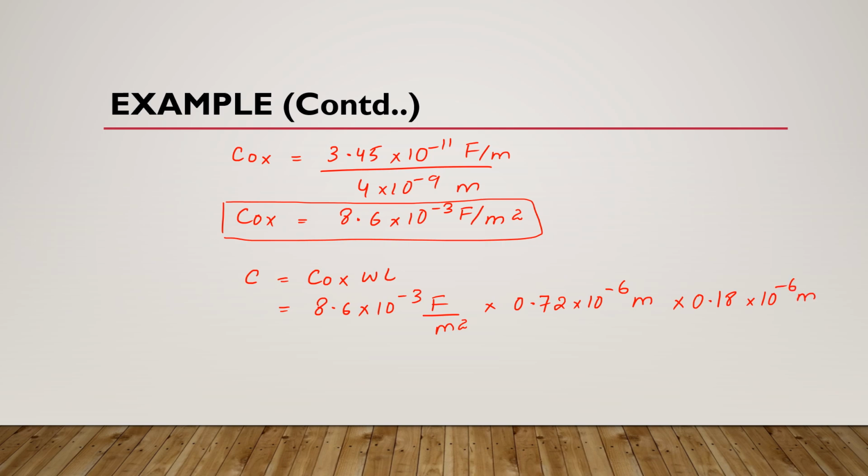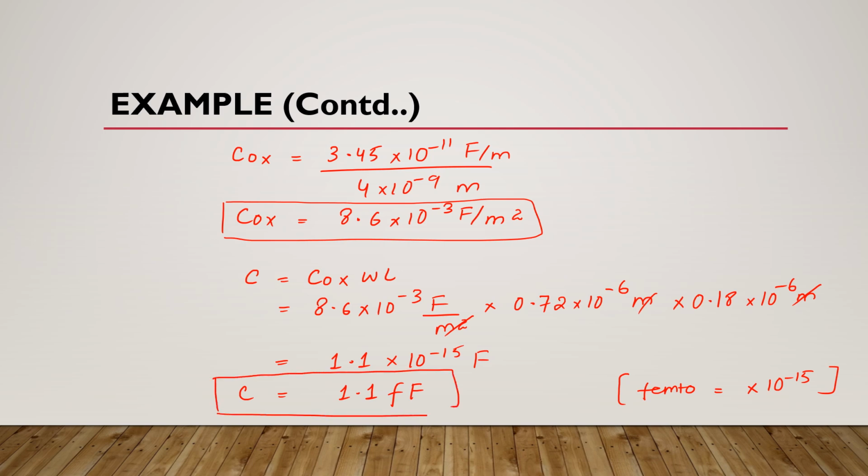This meter and this meter cancel the meter square, and we will have 1.1 into 10 raised to the power minus 15 farad, which we can write as 1.1 femtofarad. Here femto is equal to 10 raised to the power minus 15. So this is your total capacitance.